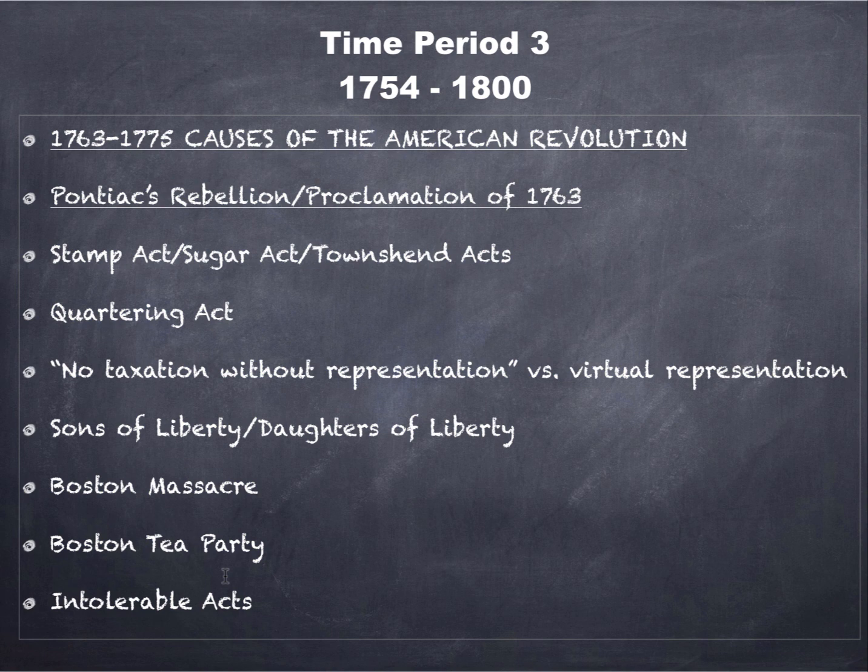So now we're beyond any hope here. The British passed the Intolerable Acts. Again, I can go into more detail, but I don't think we have to do that right now. Severely punished Boston. All right, now these acts infuriate the colonists. So we're 1 year away from the revolution.